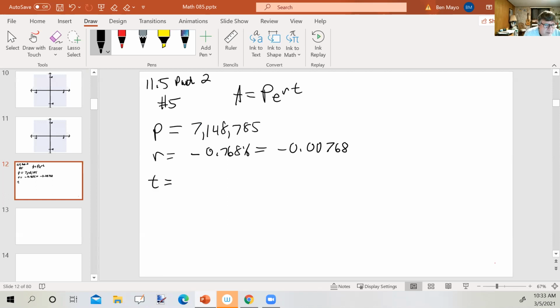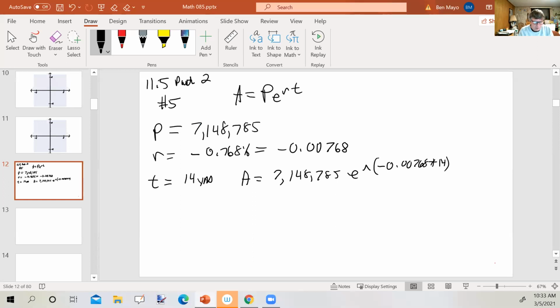And the time between 2010 and 2024 is 14 years. Okay, so A equals 7,148,785 times e raised to the power negative 0.00768 times 14.